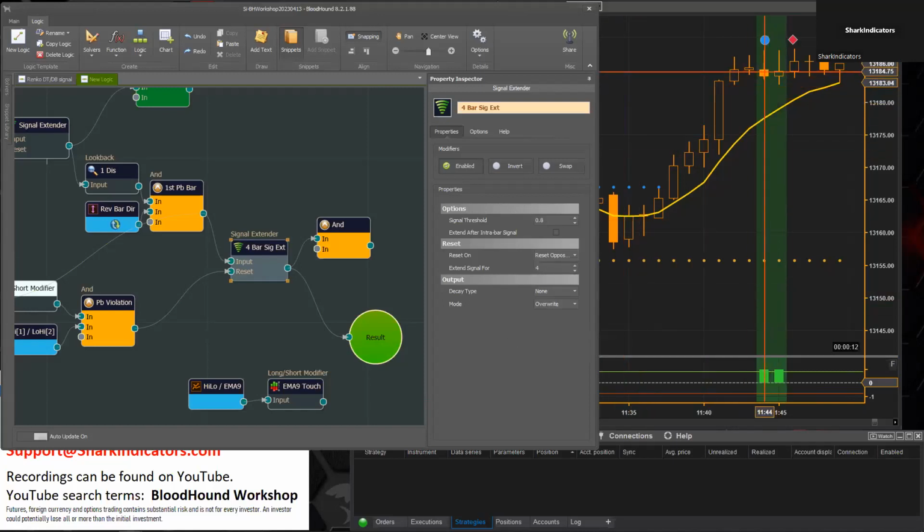So there we go, pullback bar. The next bar is okay, but the next bar violates it. And then our signal extender turns off, and that kills the possibility of that pullback signal.